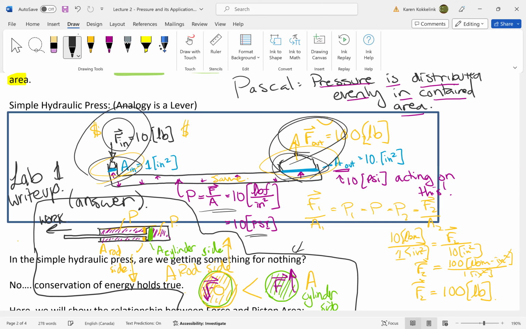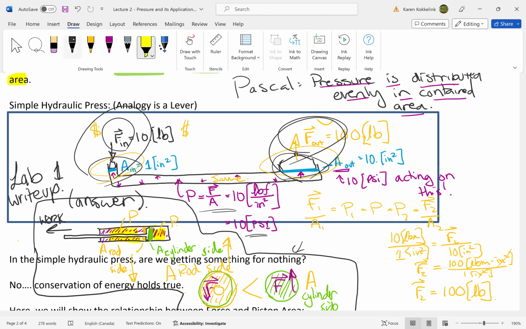And then we related that to a piston. So this is a hydraulic cylinder, a piston inside a cylinder. This could be hydraulic or pneumatic. And we say that the pressure on one side of this hydraulic cylinder is the same as the pressure on the other side. So the pressure inside here is the same as the pressure inside here.